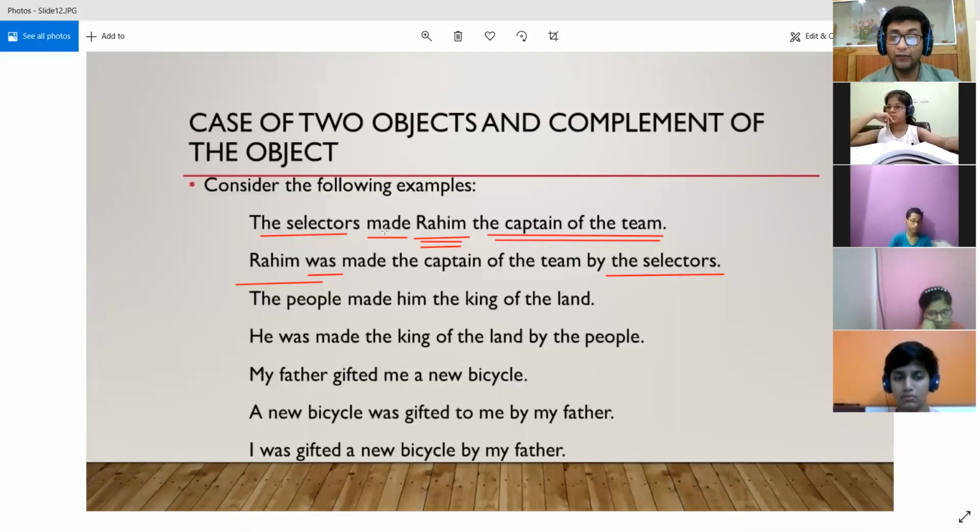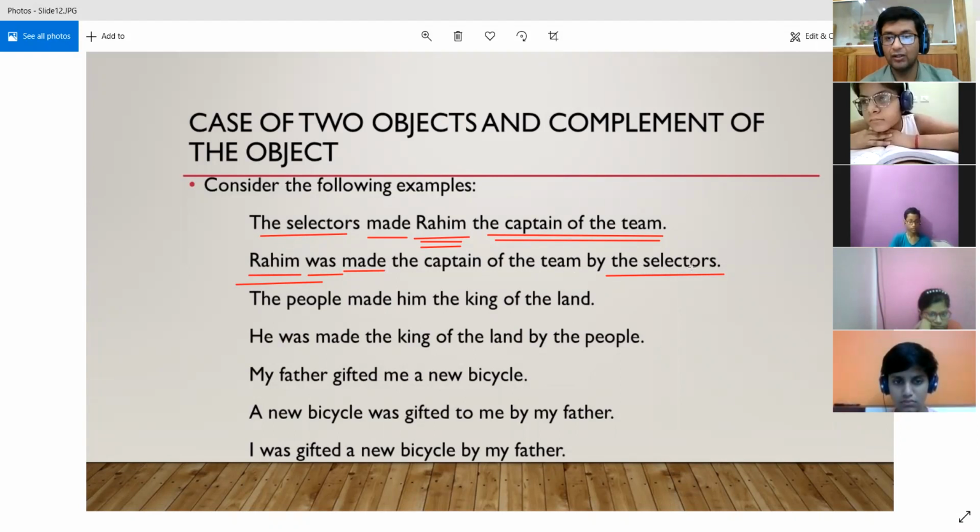And the third form of the verb make is made, right? So the third form of the verb is also present. And since Rahim is a singular subject, that is why we are using was over here. So Rahim was made the captain of the team by the selectors.